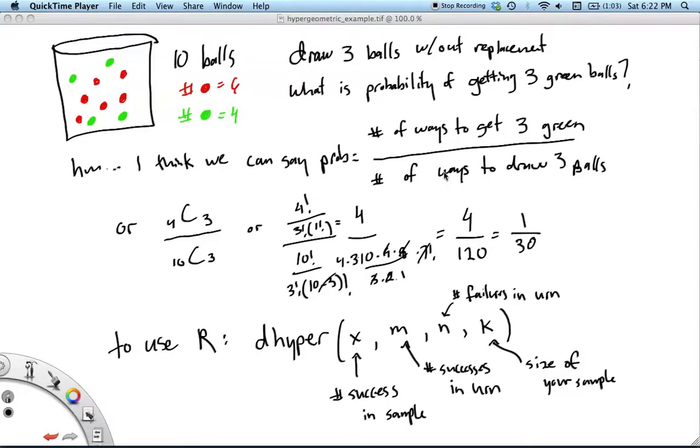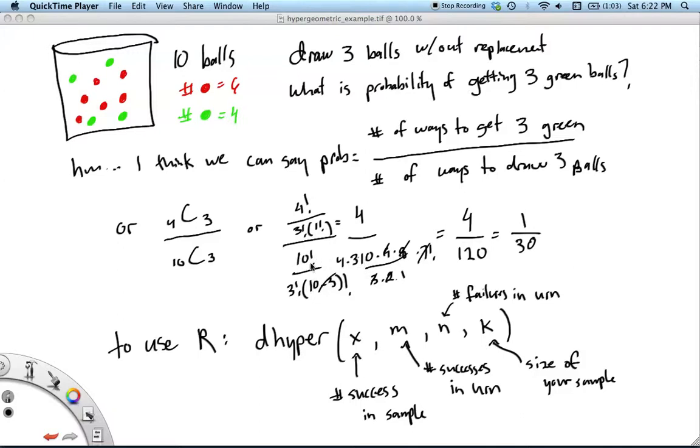And then in the denominator, we just want to divide by the number of ways you could possibly draw 3 balls from the 10-ball urn, which is just 10 choose 3. Okay, and we recall the formula for that: 10 factorial over 3 factorial times 10 minus 3 factorial. We get a big cancellation here.